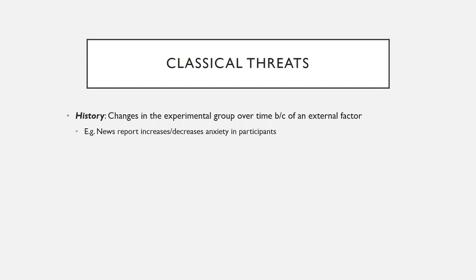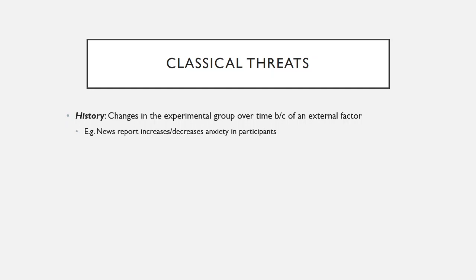Let's say, for example, you're doing an experiment here in 2020, the year of our Lord, and you started it in January. January was a very, very different time than we're living through now in summer of 2020. If you're seeing changes to your experimental group between January and now, and you say that it's due to your experimental influence, you have to say to yourself, no, history is changing around us.